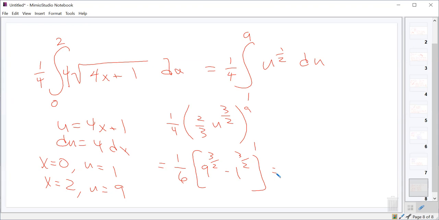Cube it. You could cube it first. Normally, I would not cube it first because then you're going to end up with 9 cubed, which is 729, which isn't so bad. But you may not know the square root of 729 off the top of your head. You can do the bottom, the over 2 part first. You can square root it first. So first we'll square root the 9, which gives us 3.